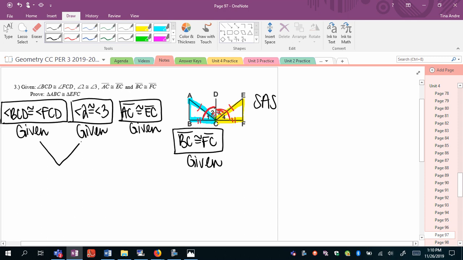And like we said, these two, if we combine them, so if I take BCD, this whole angle, and I subtract off this little part here, let's actually use a different color. If I subtract off angle 2, I would be left with angle 1. So this is going to leave me with angle 1. And then if we take this angle, FCD, and we subtract off the congruent piece to that, angle 3, I'm going to be left with angle 4.